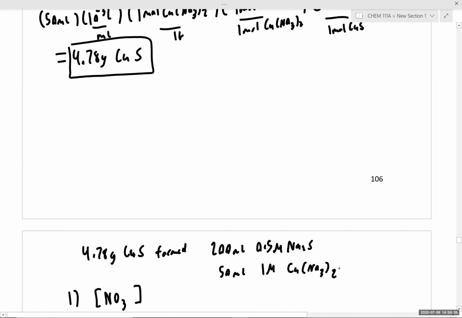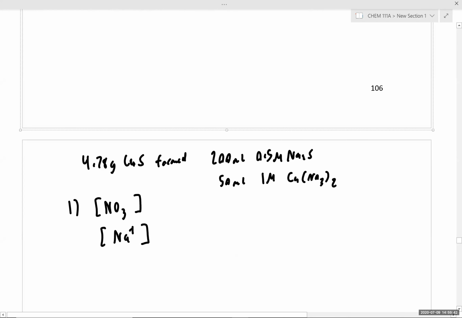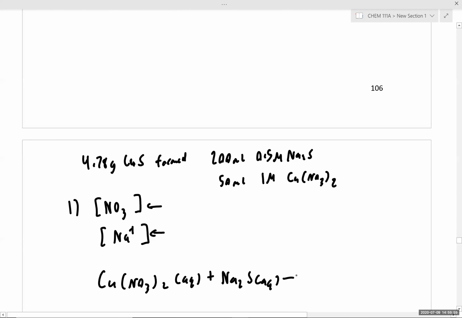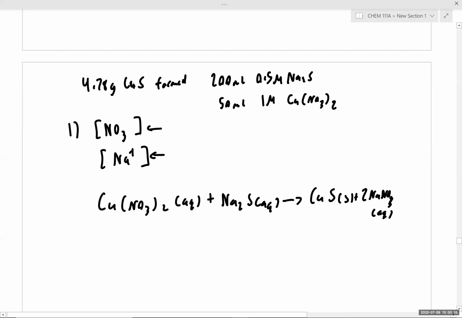So let's take another 2 to 3 minutes and calculate the final concentration of nitrate and sodium in this reaction. Keeping in mind, if you pay special attention to this chemical equation, let's try to figure out whether sodium and nitrate change over the course of the reaction or if they are spectators. So let's spend about 3 minutes on the second part of this problem and we'll discuss momentarily.